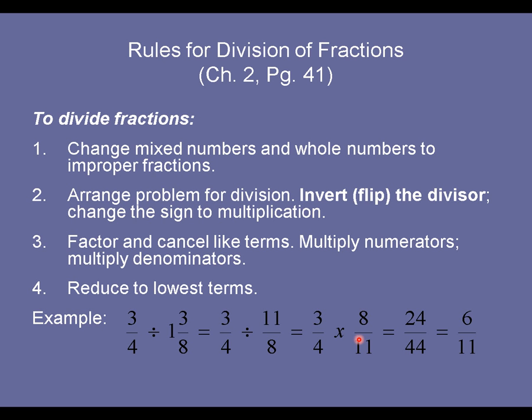So these are the prime factors, right? So I cancelled, 6 over 11. But division is nothing but just a multiplication. You change the division into multiplication and flip the second number.